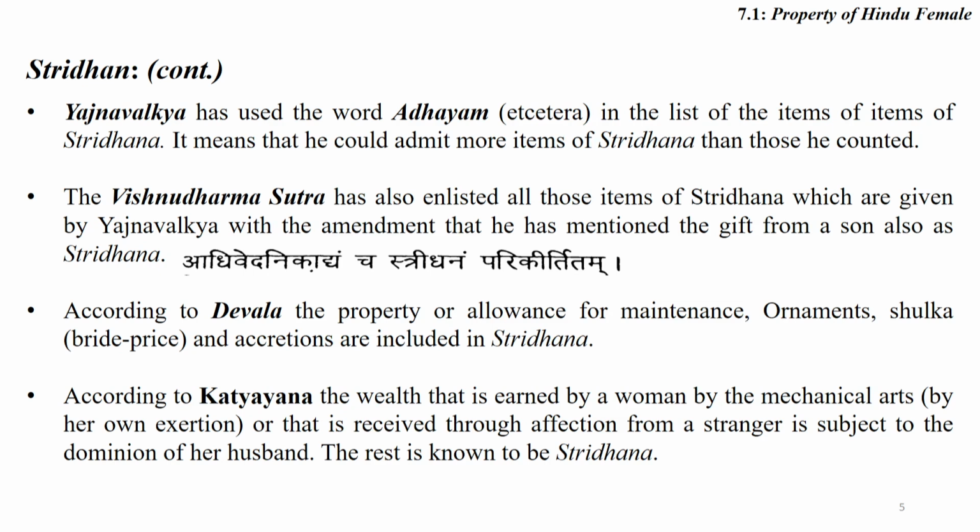And according to Katyayan, the wealth that is earned by a woman by mechanical art, by her own skill, or that is received through the affection from a stranger is subject to the dominion of her husband. The rest is known to be Stridhan. Katyayan and Deval also try to expand the meaning of Stridhan.